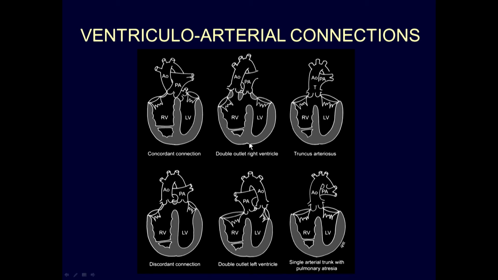But in some situations, one ventricle gives rise to predominantly both arterial trunks. This is a double outlet VA connection, double outlet ventricle. In some cases, there is a common trunk or a solitary trunk.